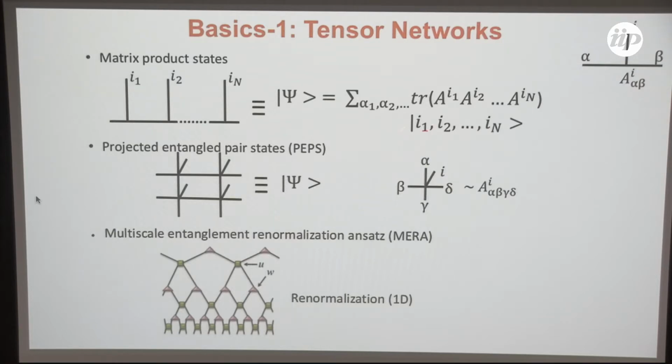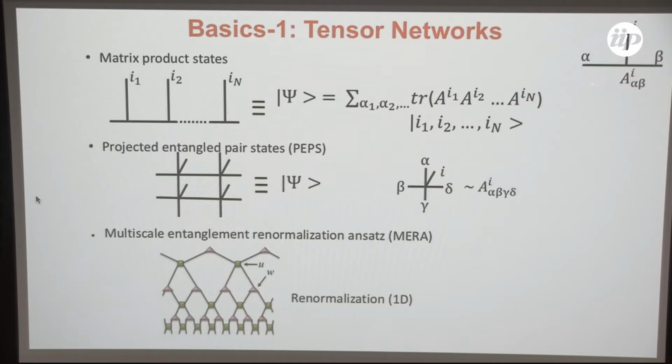Each index goes from 1 to small d. And these coefficients give us the description of the state, which is a linear superposition of these basis states. We write down these coefficients as a product of matrices, or as a product of tensors.